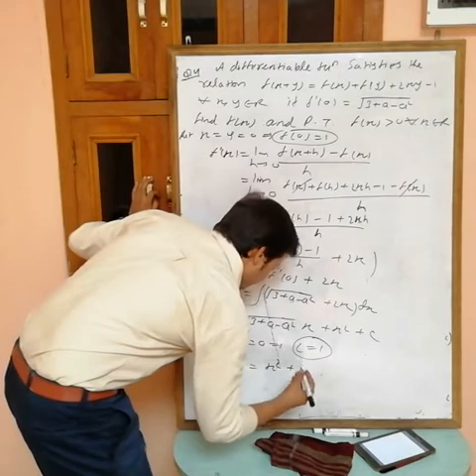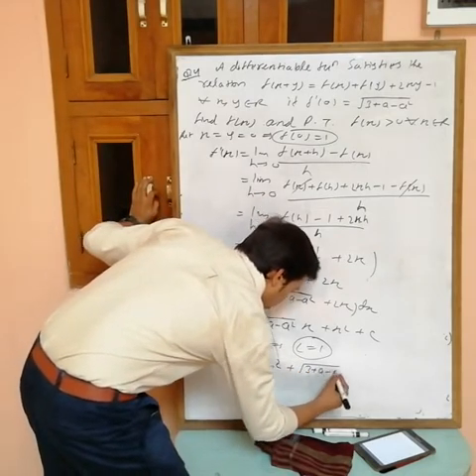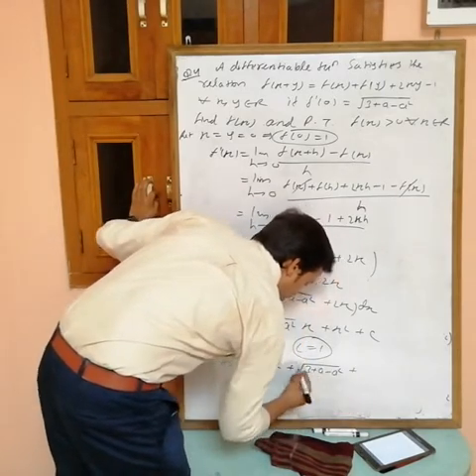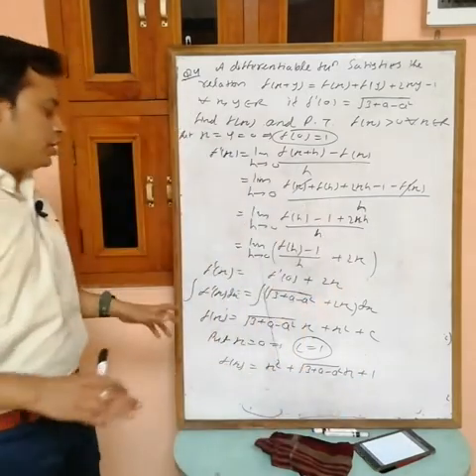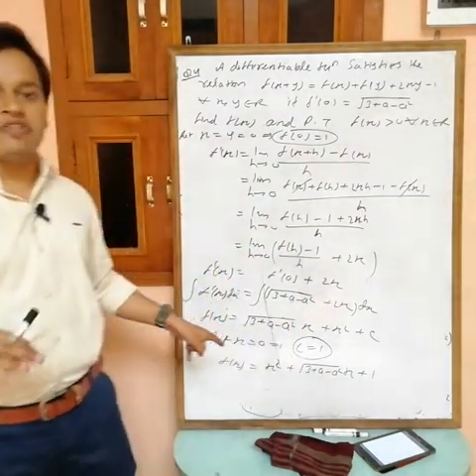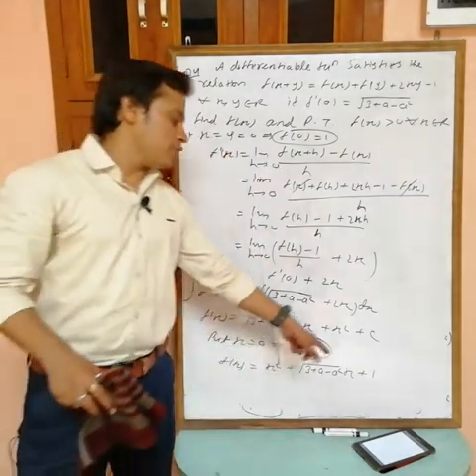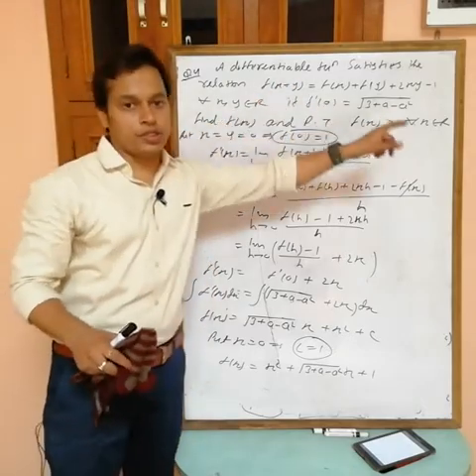plus root 3 plus a minus a square into x, plus c, where c equals 1. This is f(x). Now this f(x) is a quadratic polynomial, ax square plus bx plus c, and I want to prove that f(x) is always greater than 0.